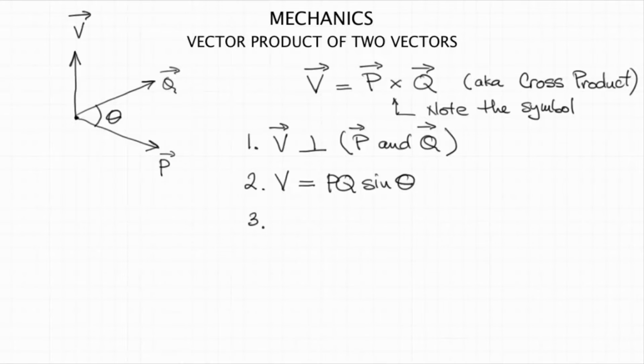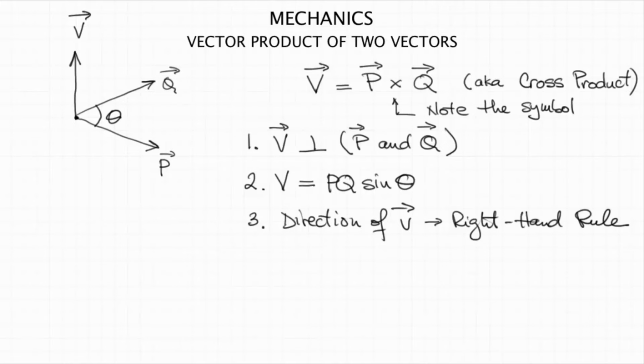And thirdly, we need to know the direction. The direction of V, the vector product of P and Q, is given by using the right-hand rule. So let's see how we can use the right-hand rule in this example.